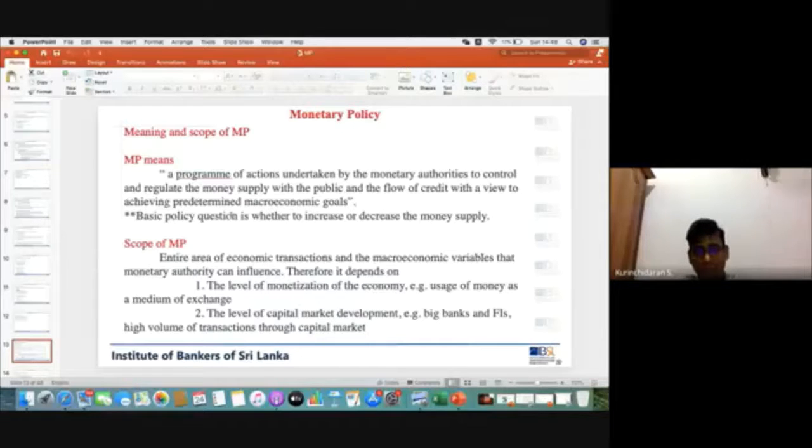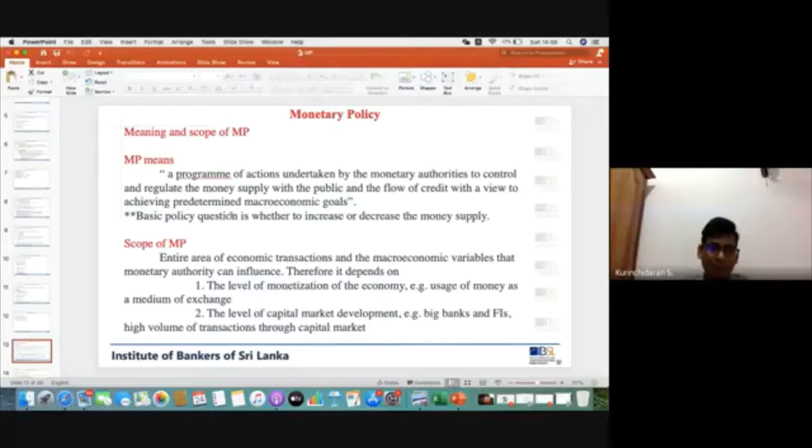When you say monetary authorities, let's assume central bank, to control and regulate the money supply with the public, and the flow of credit, with a view to achieve predetermined macroeconomic goals. So the monetary authorities are going to control and regulate money supply with a view to achieve macroeconomic goals. So the basic policy question is whether to increase or decrease the money supply.